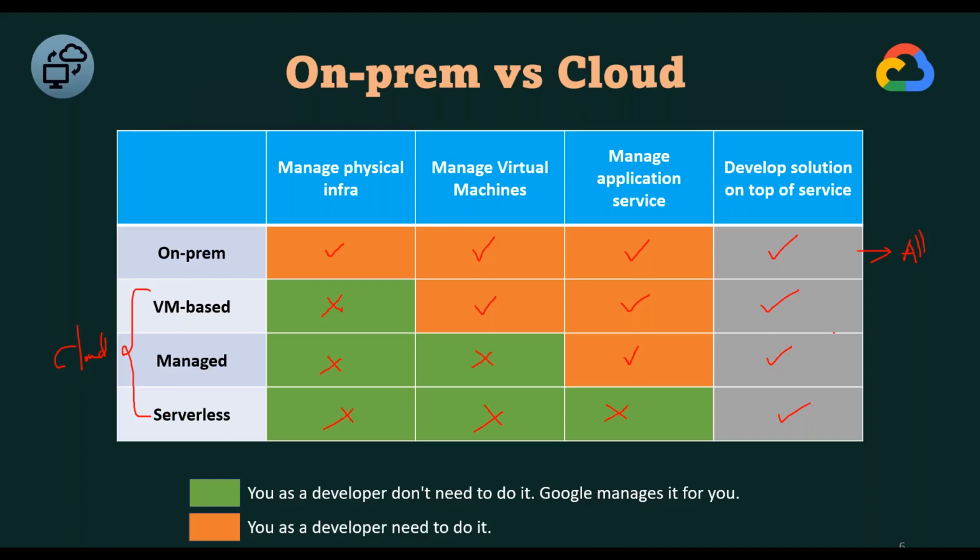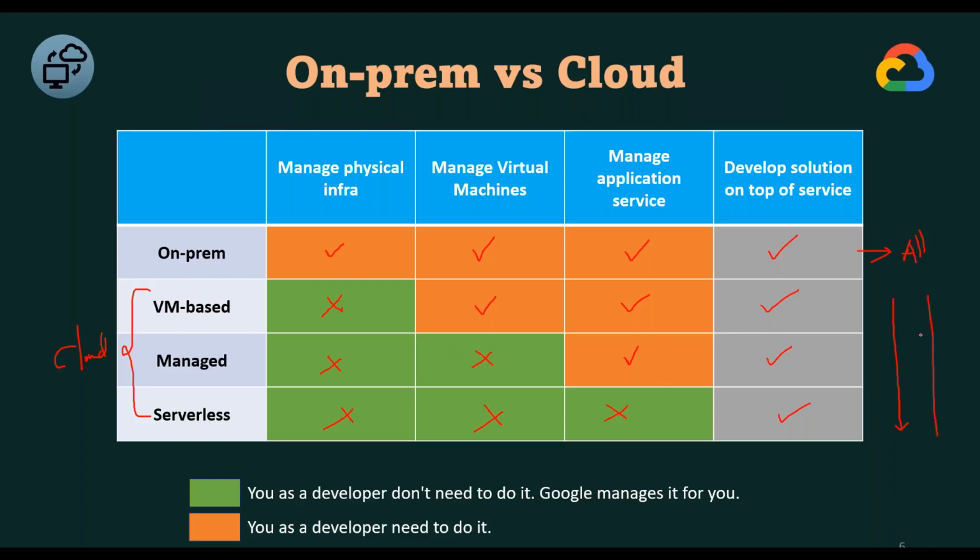Whenever you move from here to here, the control that you have on the project decreases. On-premises you have control over the virtual machines, application and development, but here you have control only over your application.